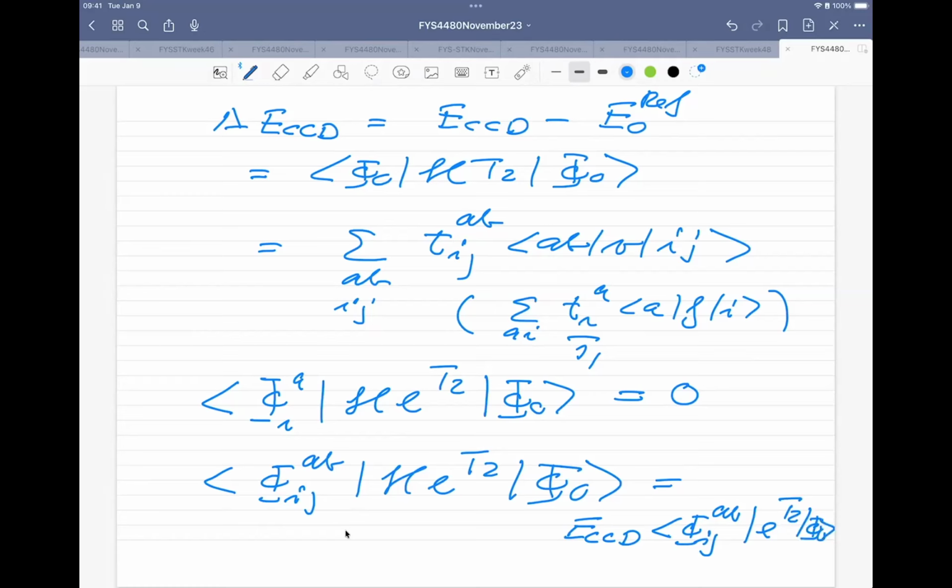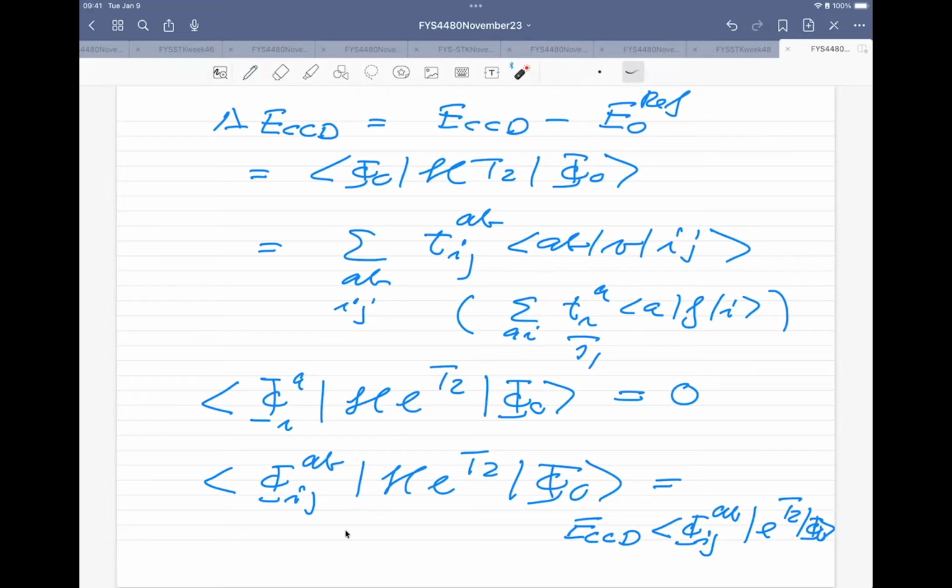Now, when we manipulated these expressions, we found several terms which we need to calculate. So this expression which you have to the right here simplifies, because we can have, this is just 1 plus T2, etc., etc. And the only term which then would survive would be a term with the T2 only. And then we would get the amplitude T_ij times this energy E_CCD.